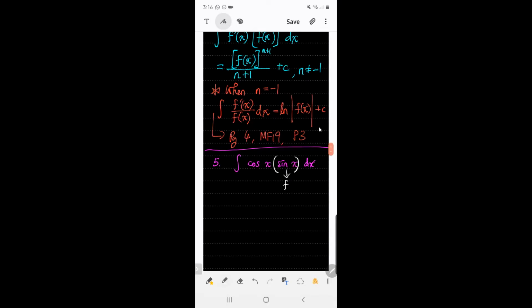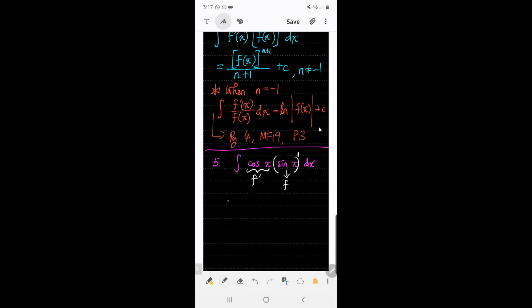This one is my f. And you know clearly that the differentiation of sine is cos, which is already in front. So when sine x is f of x, what is the power here? The power for sine x is equal to 1. So I can use the power rule.